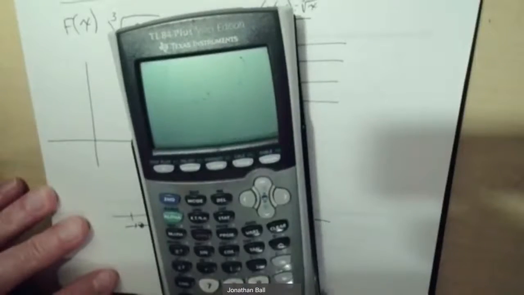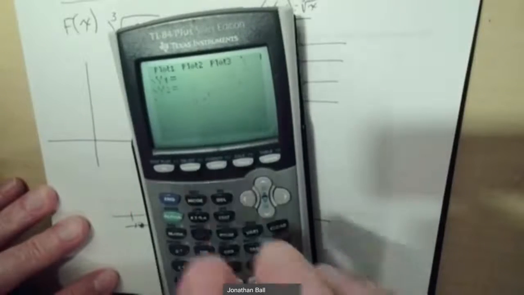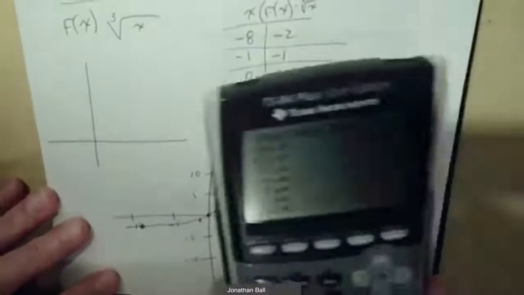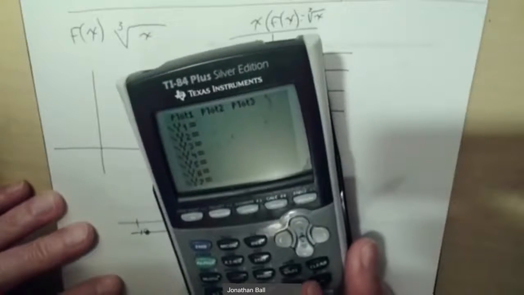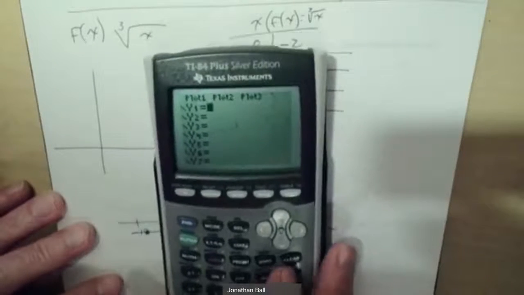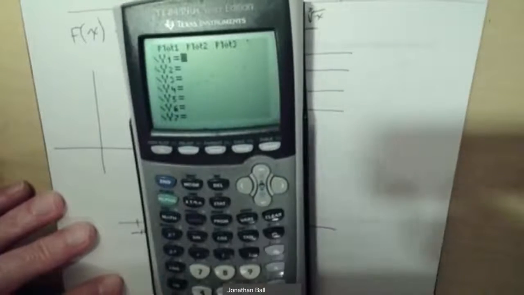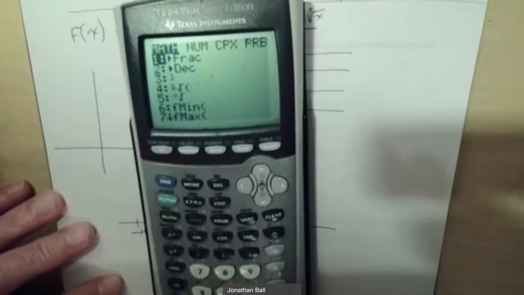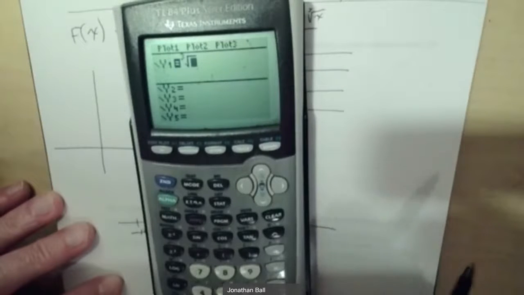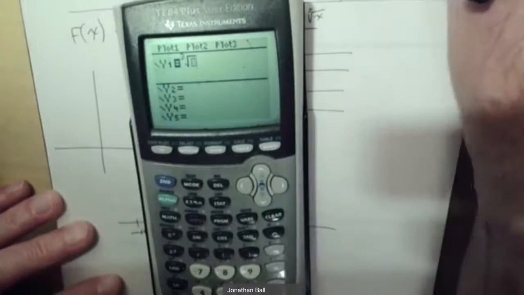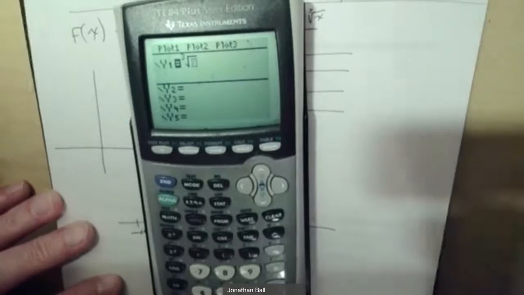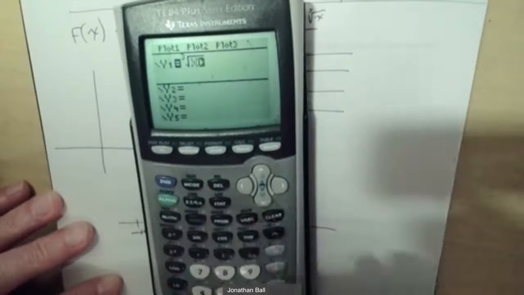So let's put it in our handy dandy calculator. First you turn it on, go to y equals, and now I've already forgotten what our, oh, we have the cube root of, so we go to math, our cube root's number 4, and x.